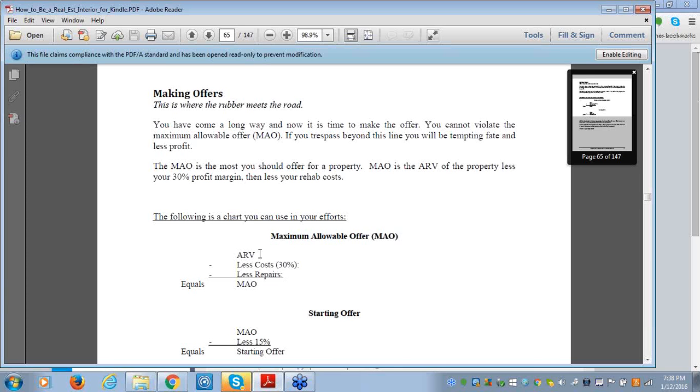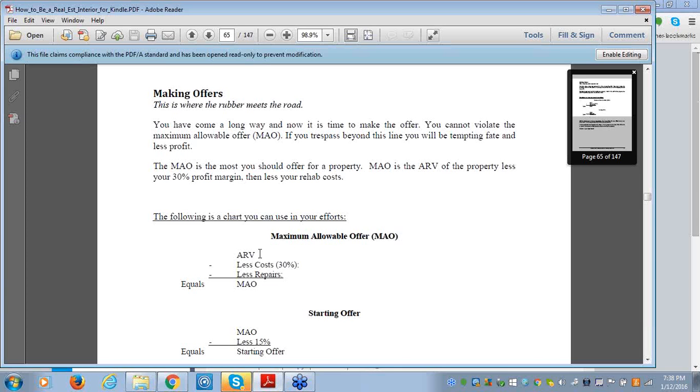We know right away, we've already said this, we need to lop off 30% right out of the gate for cost, because you've got to have some profit. In other words, we're going to reduce your ARV by 30%. 10% is overhead, that goes to fees and costs and so forth. And 20% is profit that goes in your pocket, goes in your client's pocket.